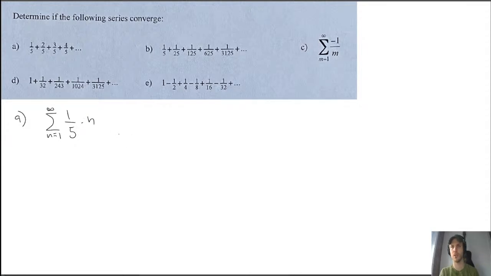Times n. Okay. So if you use the ratio test, you take the limit as n approaches infinity of the n plus 1th term. So you do 1 over 5 times n plus 1. That's how you generate the n plus 1th term, divided by the term before it.